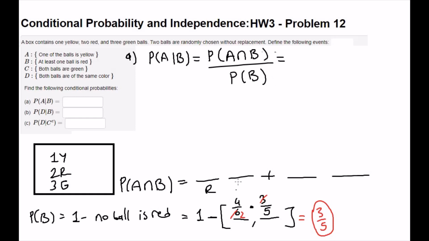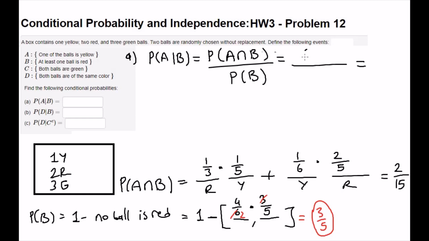So picking here red is 1/3, which is 2/6, times picking here yellow, we have only one option, 1, but out of 5, because without replacement. And here picking yellow ball is 1 out of 6, and picking here red is 2/5. We have 2 reds and 5 balls left. If you do this calculation, you obtain 2/15.